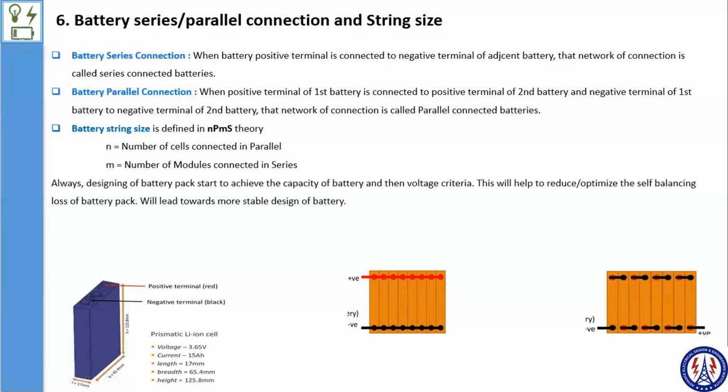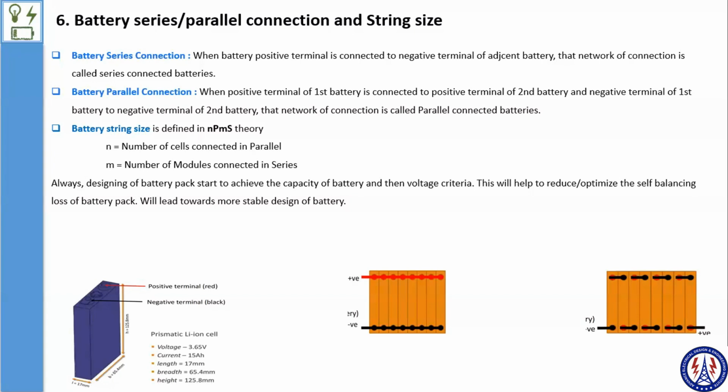When you are trying to design or construct the battery pack, you should always first achieve the capacity and then go for the voltage criteria. Always try to achieve the capacity first, the Ah part first, and then reach the voltage later on.